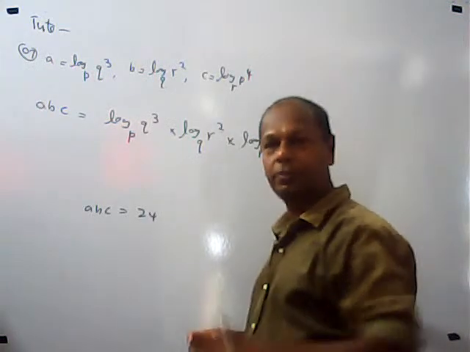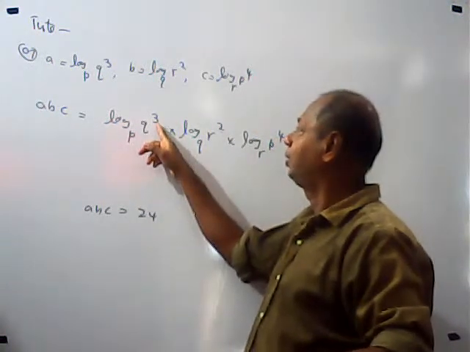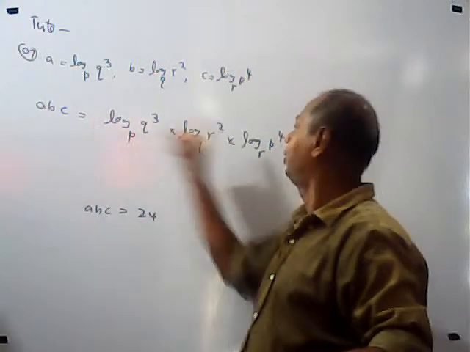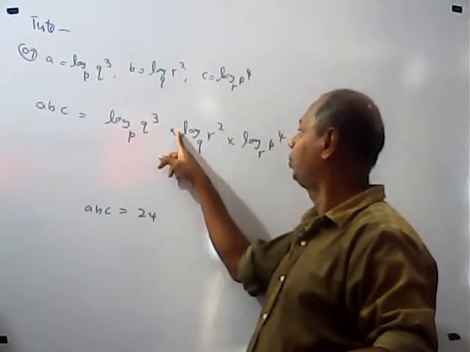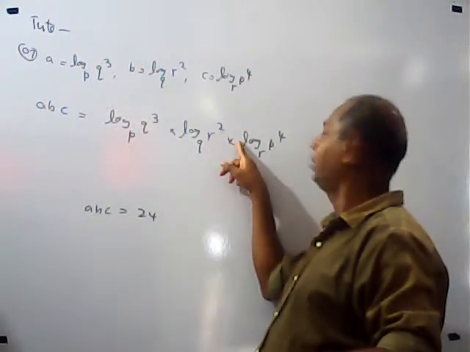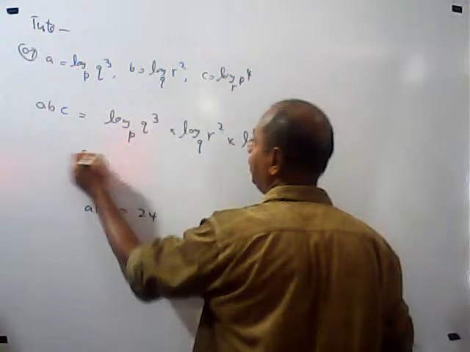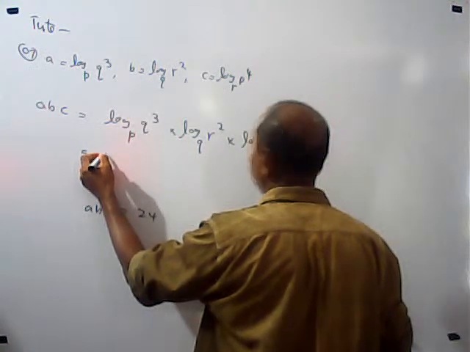Now we can use some rules. So this power will come forward. 3 comes here, 2 here, and 4 here.